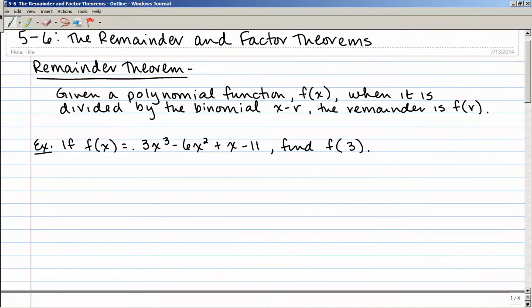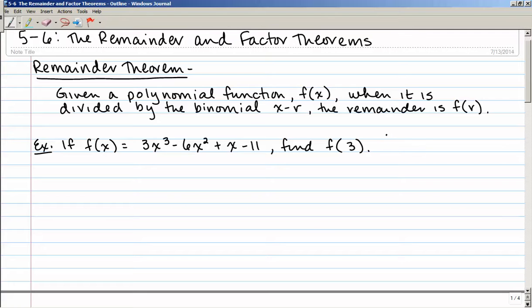So if f of x is 3x cubed minus 6x squared plus x minus 11, find f of 3. Now, we could plug 3 in for x and just kind of PEMDAS the whole thing. But using synthetic division, it's a lot easier.